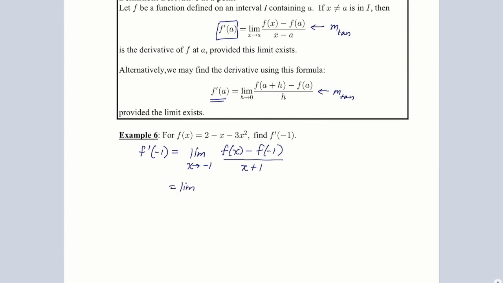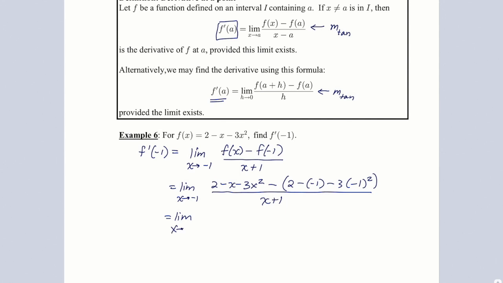And I'll rewrite the limit. F of x is 2 minus x minus 3x squared, and f of -1, I'm just going to write it as 2 minus -1 minus 3 times -1 squared, and then I'll compute it on the next line, divided by x plus 1.